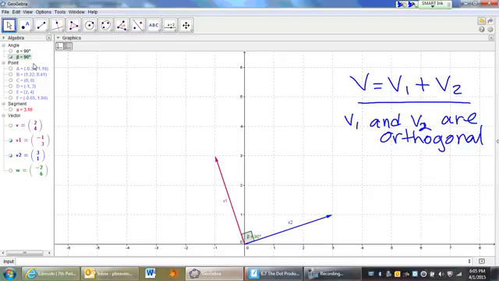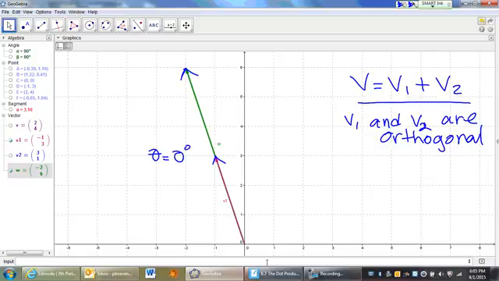Okay. Also, the statement says that V sub 1 is parallel to W. Let me show you how those two look. V sub 1 and W are parallel. You can see that because for two vectors to be parallel, in this case, since they're going in the same direction, the angle between them is 0.